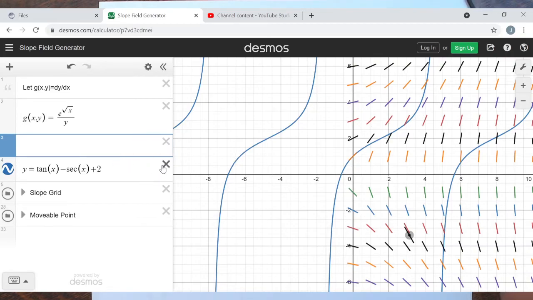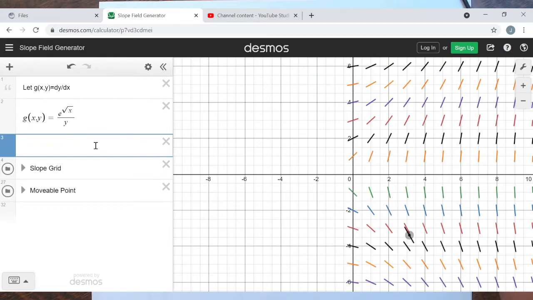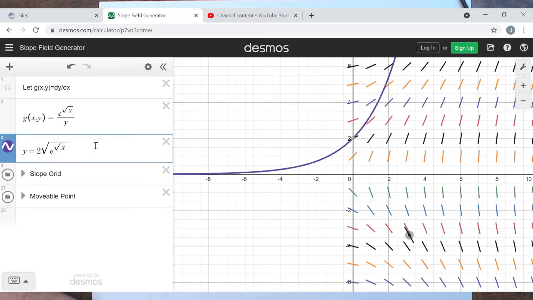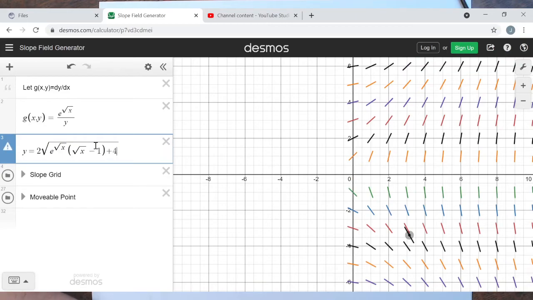All right, and now let me get rid of this graph here and put in the explicit solution that we just found. We had y equals 2 times the square root of e to the square root of x times the quantity square root of x minus 1, and then plus 4, all of that inside the square root.